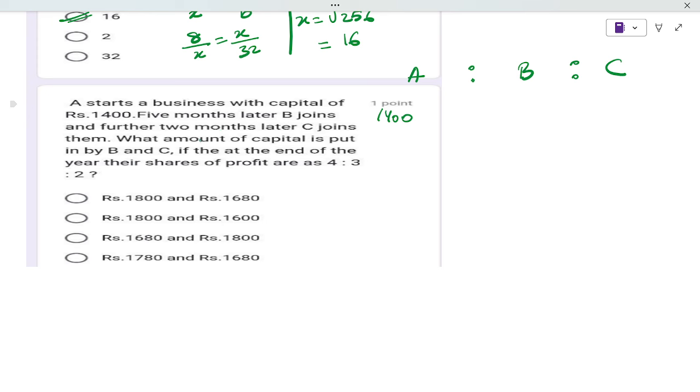What amount of capital is put in by B and C if, at the end of the year, their share is given? So the end of the year means 1 year. A invested from the starting, so 1 year.